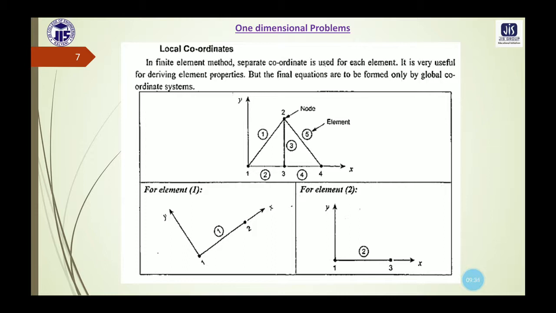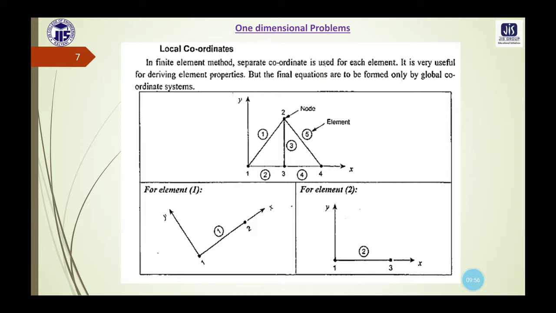In this first figure, you can see that the elements and the nodes are represented. Now the element 1 has the nodes 1 and 2. Then the element 2 has the nodes 1 and 3.